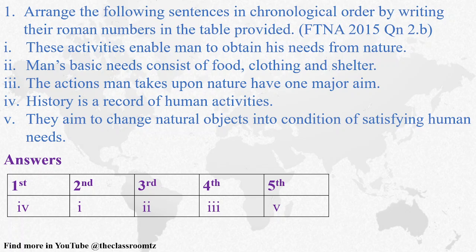But what we need you to understand is, make sure you have full knowledge of history, a series of events chronologically: what was the first event, what the second event, the last event. Only make sure you are competent in history. If you're competent in history, then you can get sentences from different concepts and you're able to arrange them. That was question number 1, 2015.